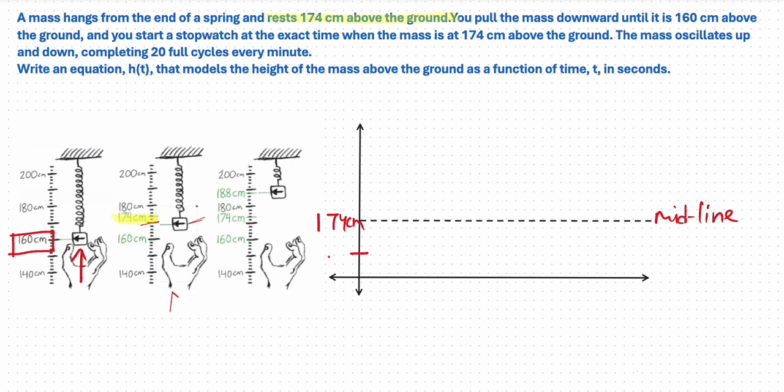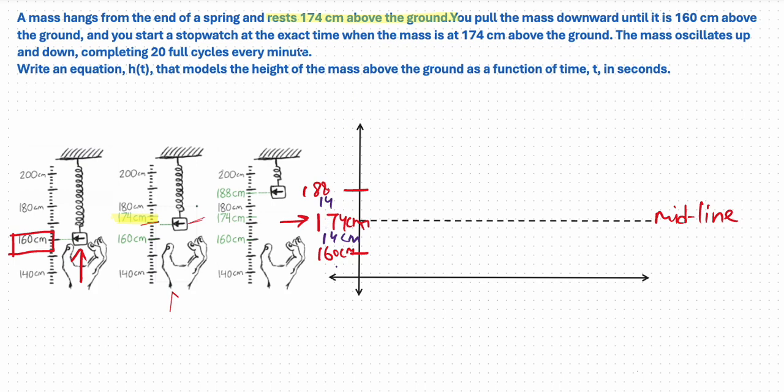What that means is 160 centimeters is our minimum value, and since this is simple harmonic motion, if you consider 174 as your midline, which we call the equilibrium position, then the maximum height it will go up to will be 188. Why will it go to 188? Because the distance should be the same. You can calculate the distance between 160 and 174 is 14 centimeters, and the distance between 174 and 188 is also 14.